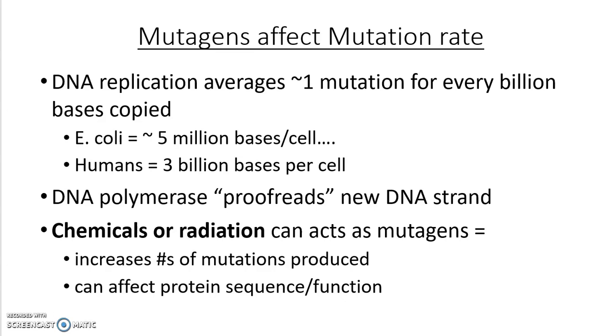Your DNA should always be that same width apart, with 1 big and 1 small base complementing each other. So your DNA polymerase can fix mutations that occur, but there are things out there known as mutagens that can increase the amount of mutations, and that can, again, affect our RNA and also our protein sequence.